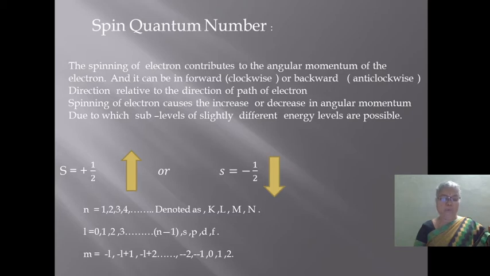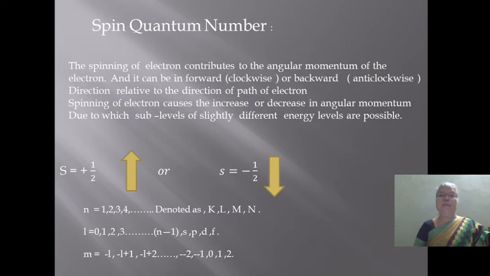For a given value of L, there are 2L plus 1 values of magnetic quantum number m, so that the total number of orbitals for each value of n is n squared.